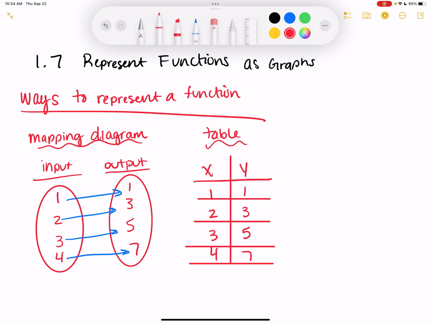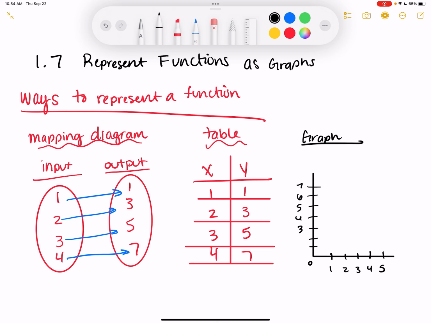And then the other way we can do it, which is new to what we're doing today, is with a graph. So I'll write that in a different color. So a graph, we would have something like this, and we're going to have 0, 1, 2, 3, 4, 5, and we'll go up to 7 on the way up. 1, 2, 3, 4, 5, 6, 7. So then we just plot each of these points.